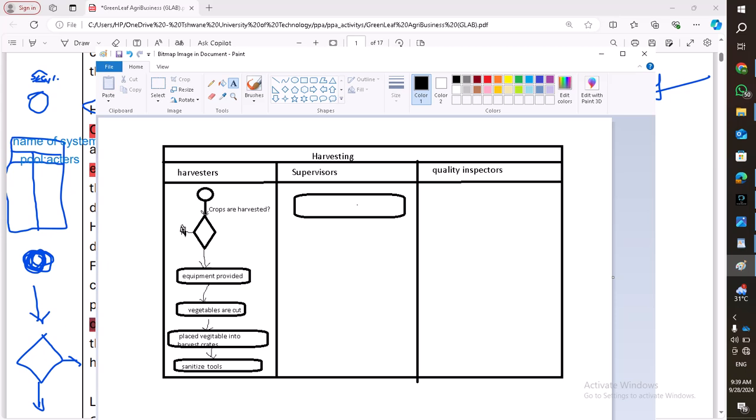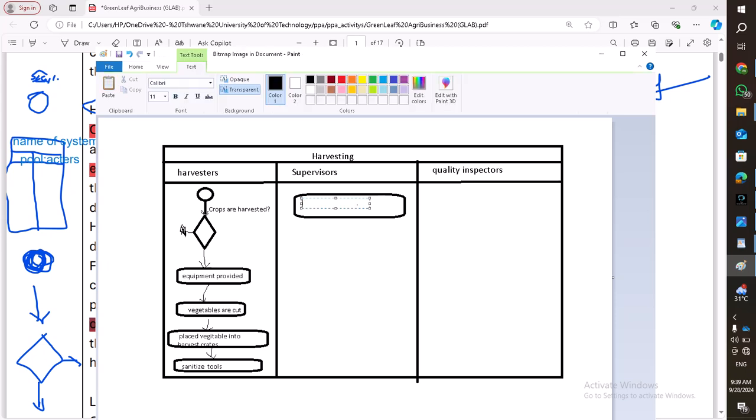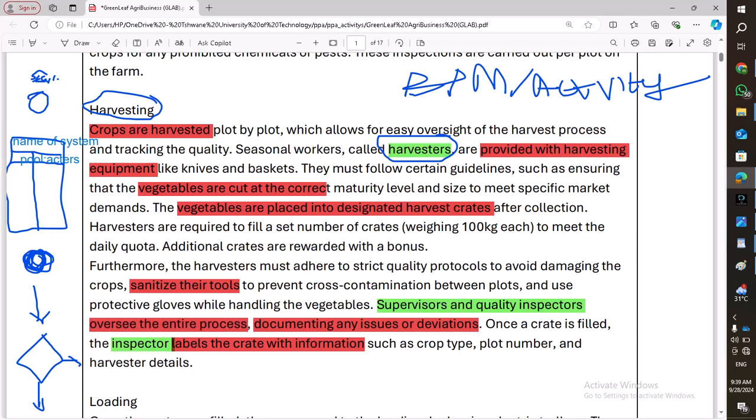What the supervisor does is oversee the process, and what else they do is also document issues or deviations.